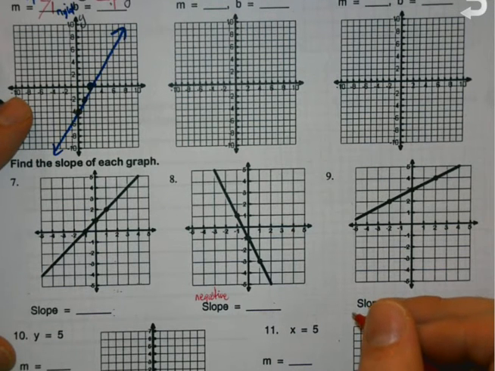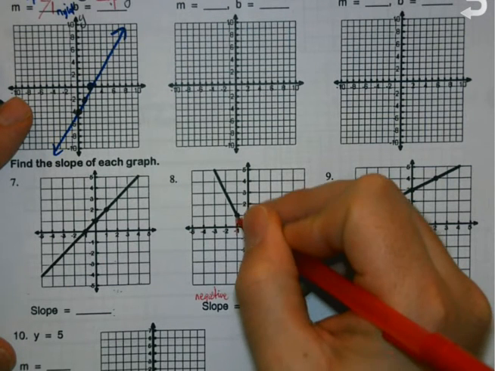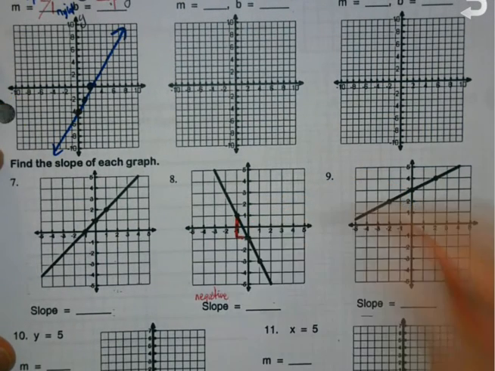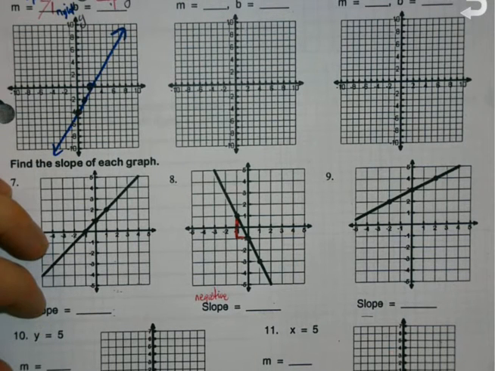And then again, when we're doing this, you can pick any 2 dots. I'm just trying to figure out how much I'm going up or down, left or right to get there. But when we're doing slope, remember it's always the up or down number first that we're working with.